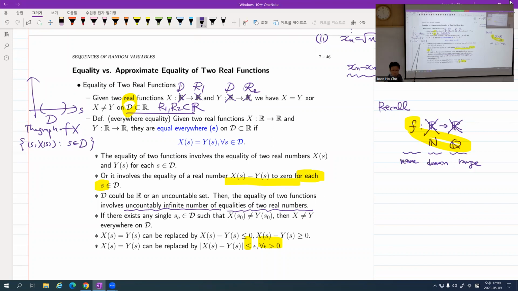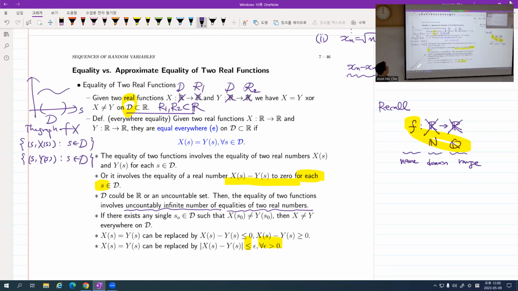This is the graph of function x. And this is the graph of function y. And if we plot or illustrate them, then we have figures. Got it?